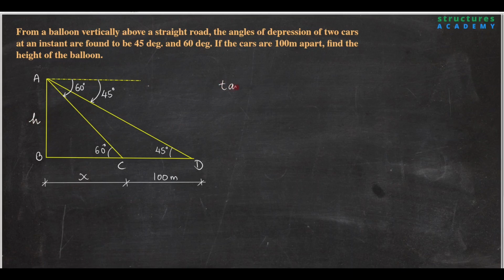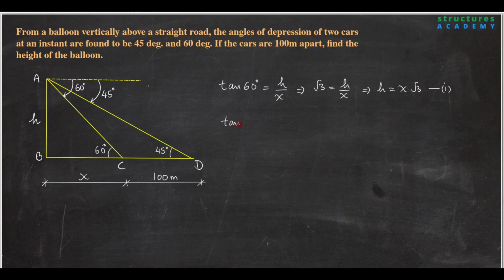So tan of 60 degrees, if you look at this triangle right here, is opposite, which is h, divided by adjacent x, h upon x, and we know tan 60 is root 3. So the first equation is h equals x root 3.